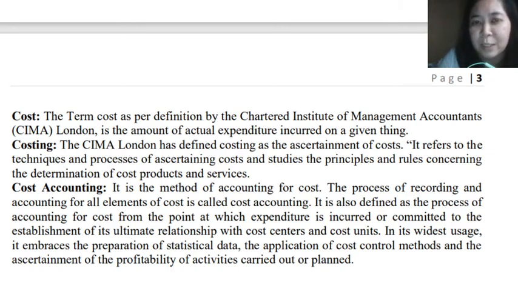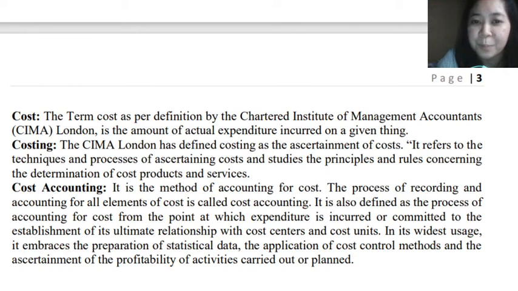What about costing? When we say costing, this definition was also given by CIMA London. They define it as the ascertainment of costs, meaning costing are the techniques and processes that are used in ascertaining or determining or computing the costs.